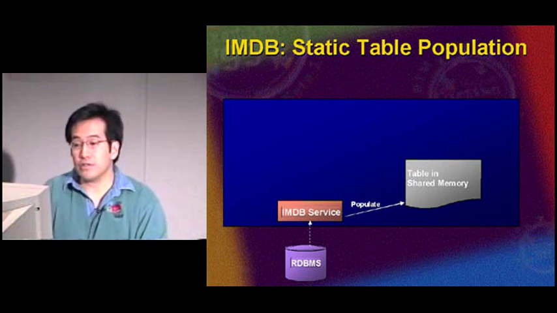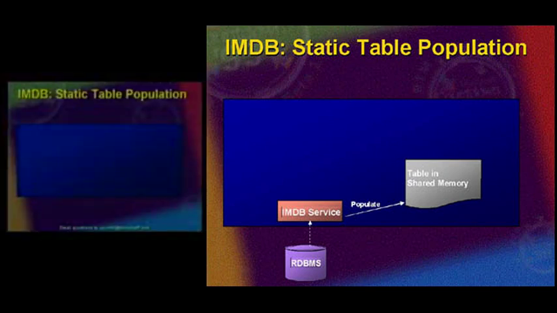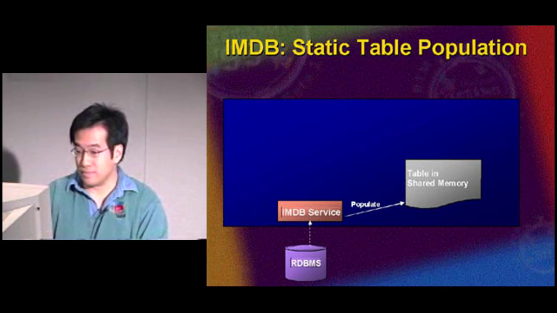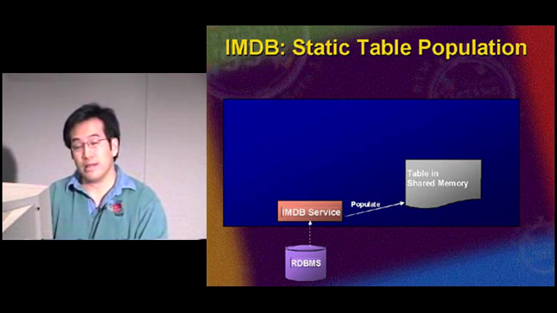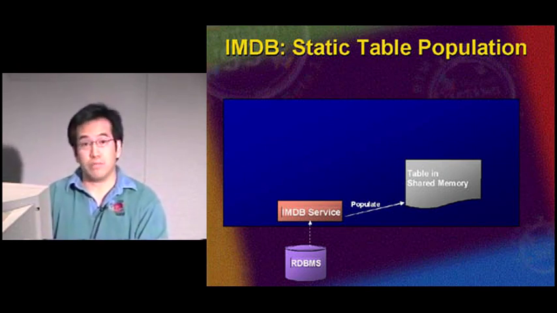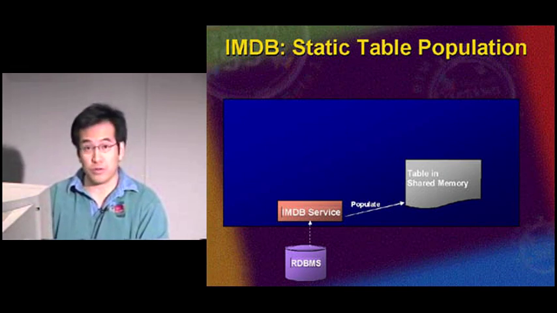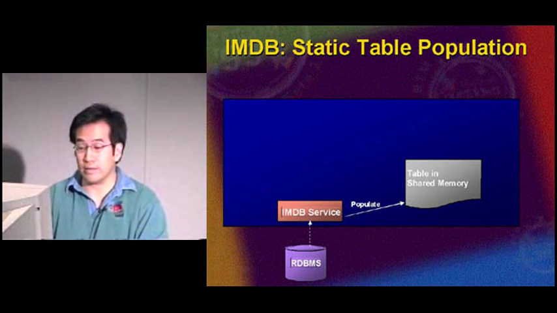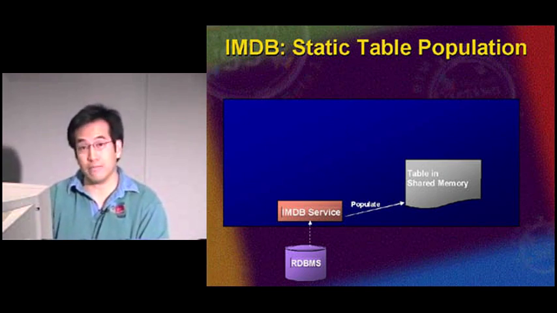We'll now go over a series of diagrams that help illustrate how the major components of IMDb interoperate. The IMDb service is the main component which performs communications with SQL Server and Oracle databases when those tables are loaded into IMDb cache.